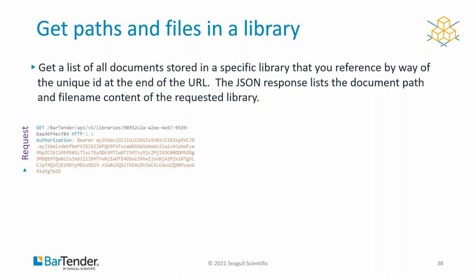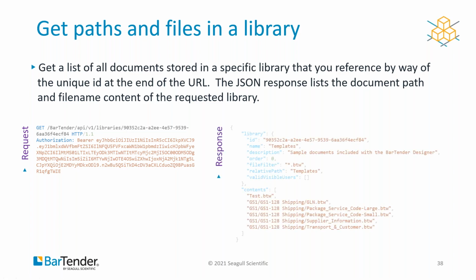Secondly, with a library or list of libraries and root folders listed, the client can then make use of the unique ID of one of those libraries, so this number here, to then get a full listing of the various documents and subfolders of that root folder or that library.